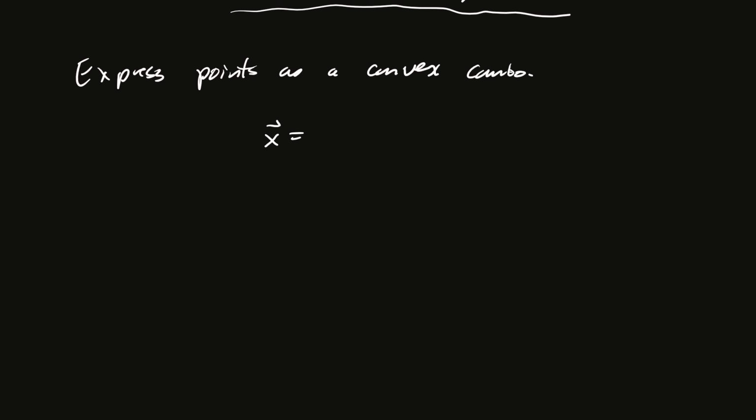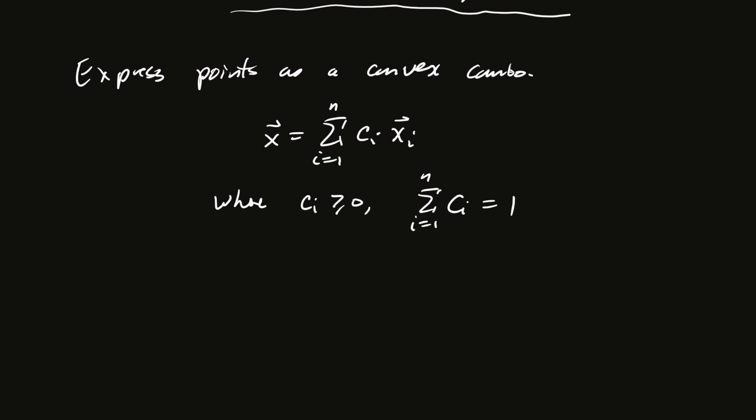Like x, I could write it as the sum from i equals 1 to n of ci times xi, where ci is greater than or equal to 0 and the sum of the ci equals 1. Good.